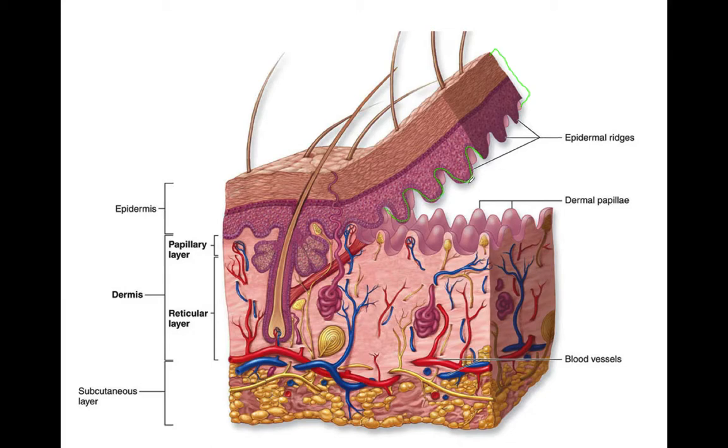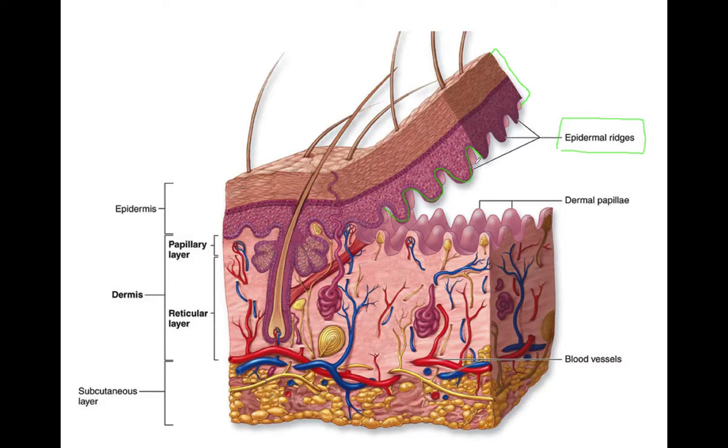These are called your epidermal ridges. And depending where you are in your skin, you're going to have more of them. Some skin isn't going to have as many epidermal ridges like this. This is giving us more surface area. Yes, more surface area, real important in anatomy.